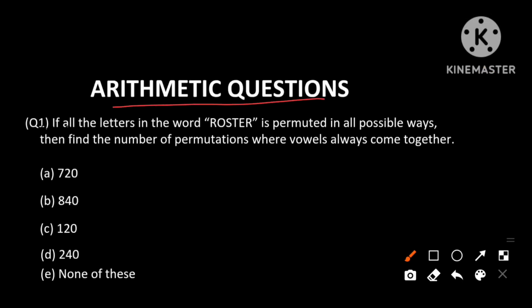First question, if all the letters in the word roster are permuted in all possible ways, find the number of permutations where vowels always come together. So how many vowels in the word roster? O and E. So there is 2 factorial ways. Into how many remaining letters? We see R, S, T and R. So how many places can we place these 2 vowels together?